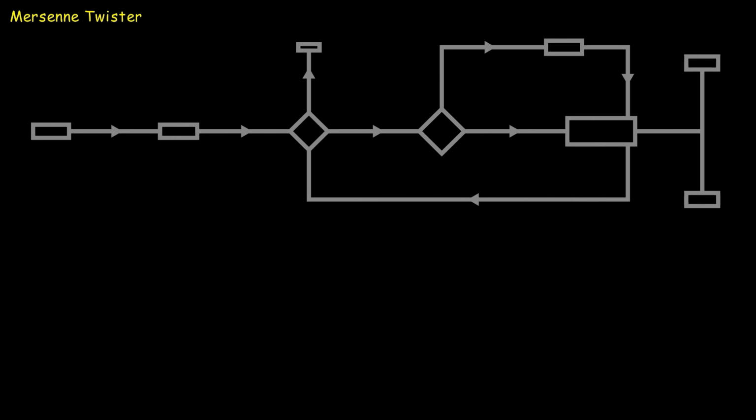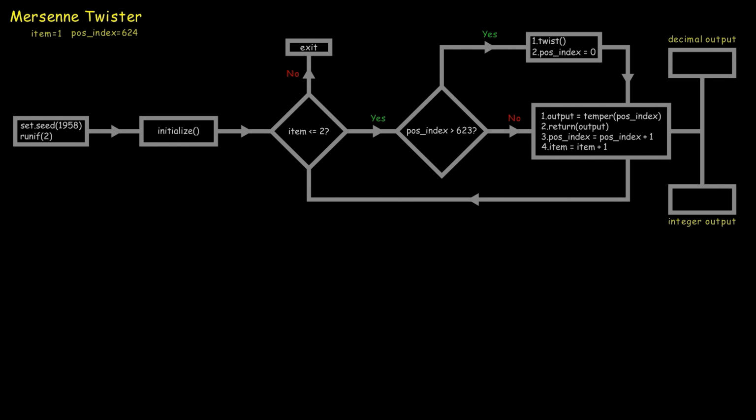We're almost ready for our first high-altitude step through the algorithm, but before we do that, let's do one last thing. Let's study the main operations of this algorithm: initialize, twist, and temper. In particular, let's examine the above directed graph to explore how often each of these 3 operations is executed as a function of the number of random variables that are sampled.